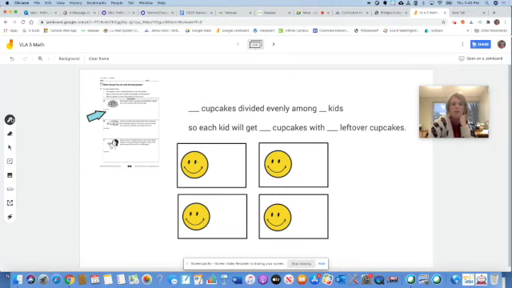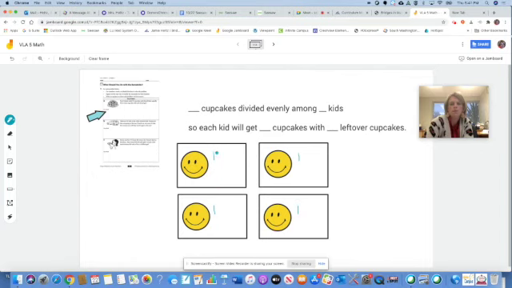In one way that you might want to divide it out would be to use some tally marks. And so if I was going to tally out my cupcakes, I would just make a tally mark on each of these kids' plates.